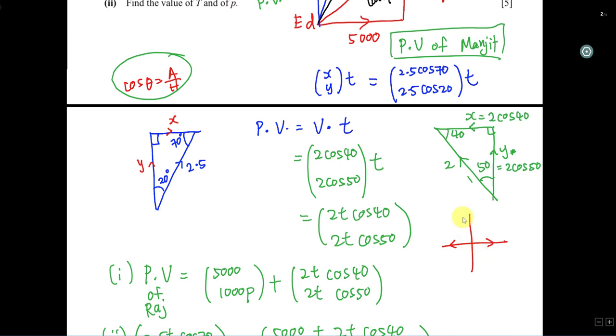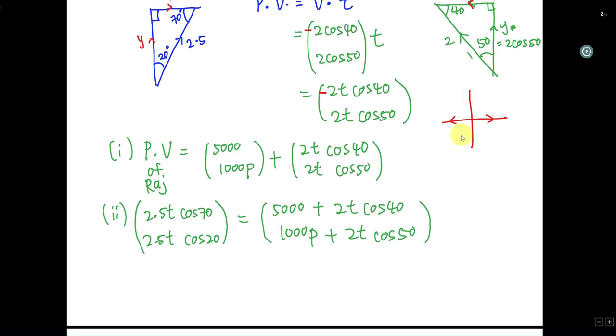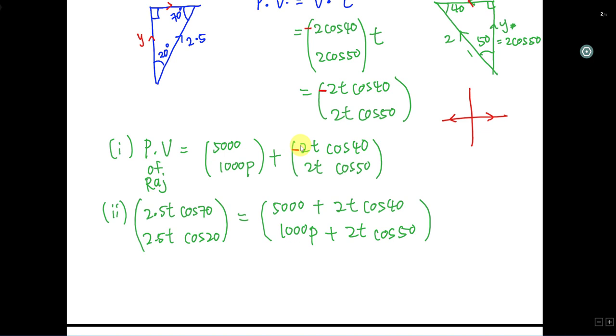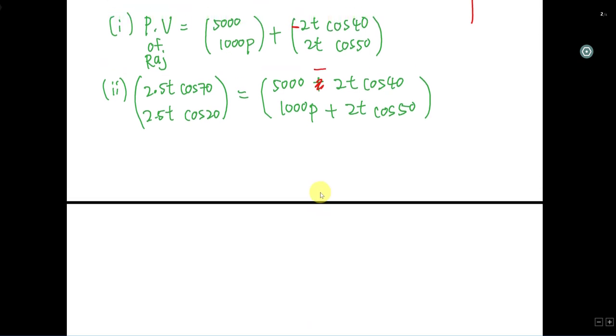So over here I made a little mistake: this one should be negative, because it goes to the left. So this one should be minus. Alright, then let's continue.